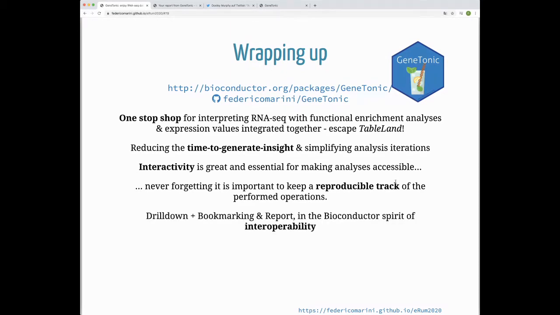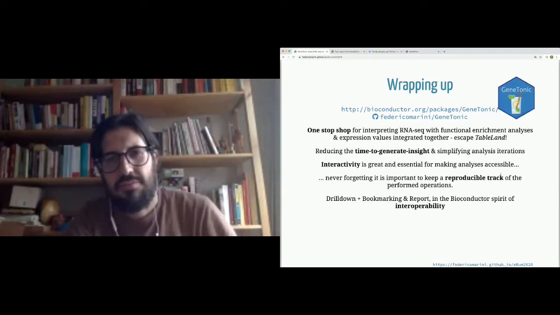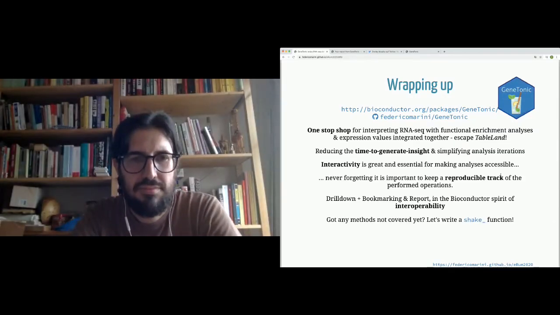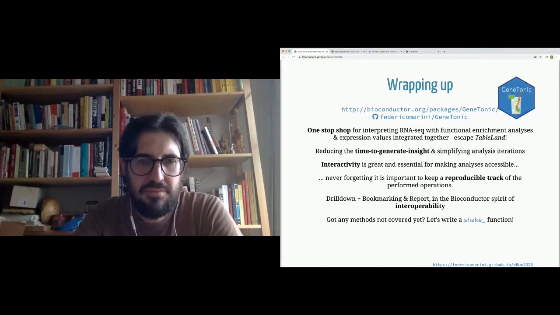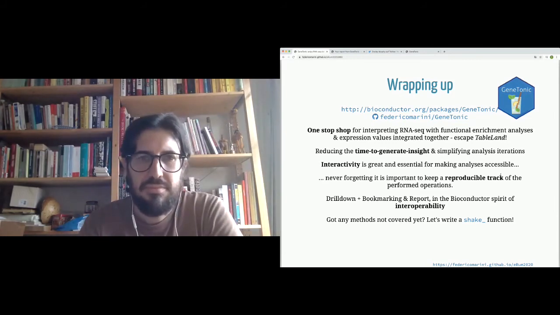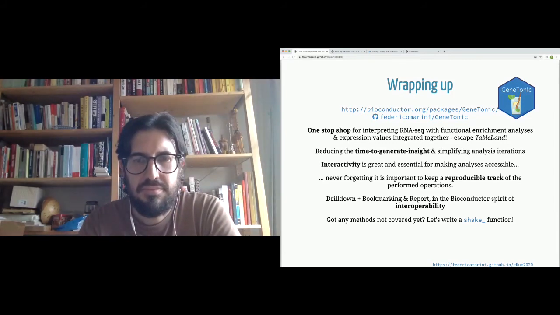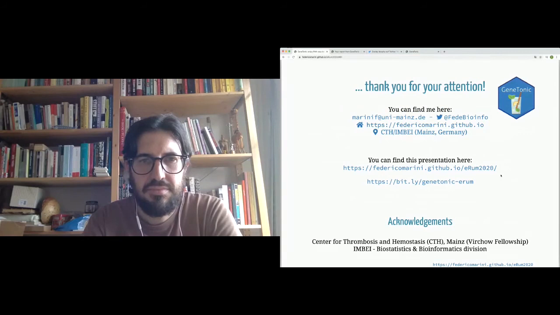The bookmarking and drill down is fully in the spirit of Bioconductor's interoperability. So if you don't see the method that covers the input function for your functional enrichment analysis results, we can write together a new function, and that's pretty much it.